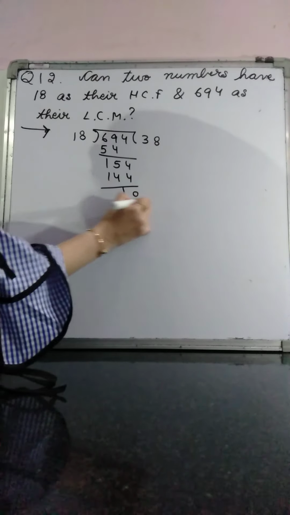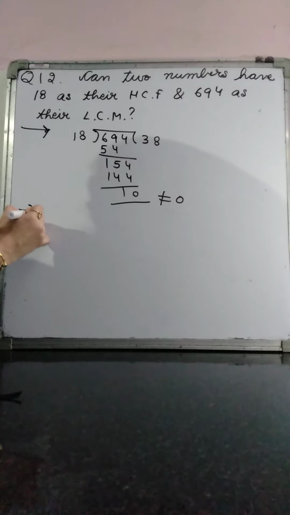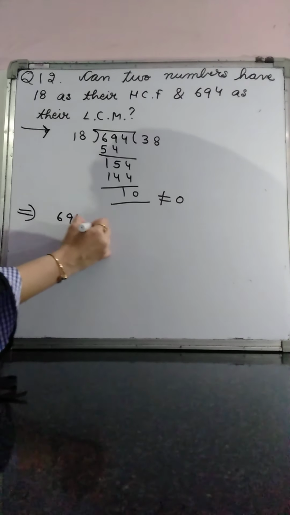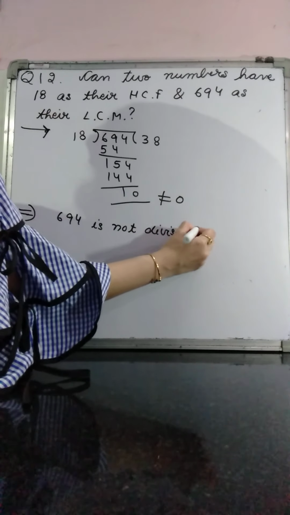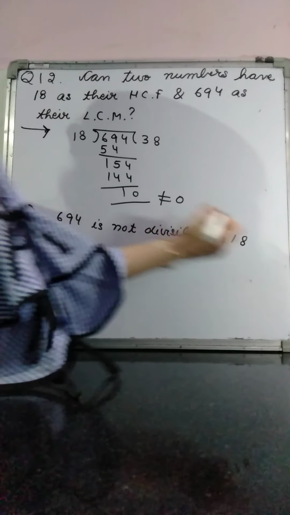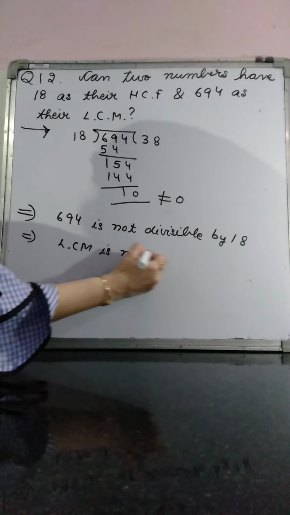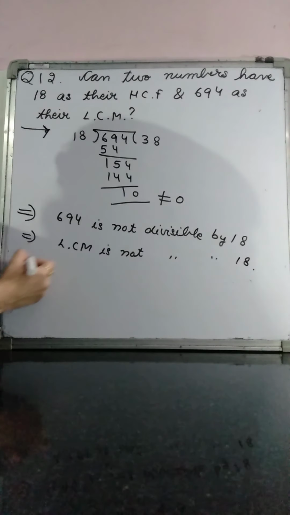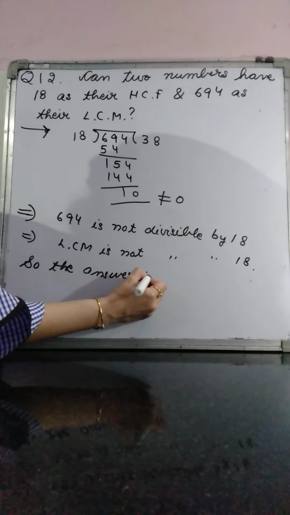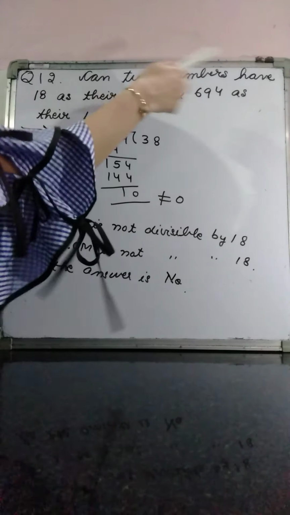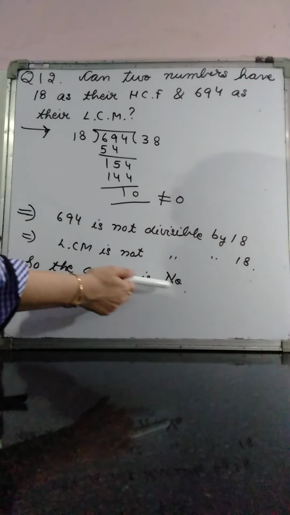Since the remainder comes out to be 10, not equal to 0, which implies 694 is not divisible by 18, which implies LCM is not divisible by 18. So the answer is no.